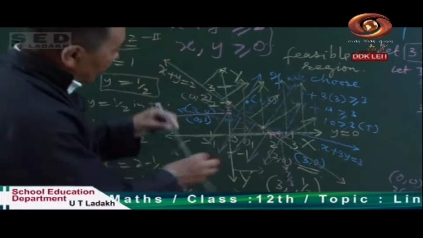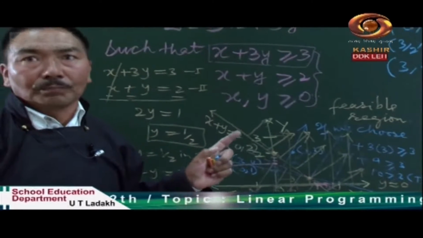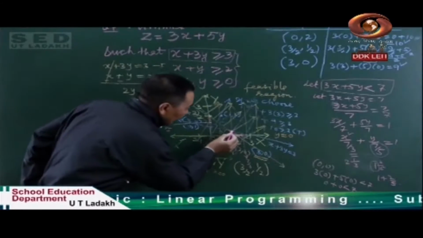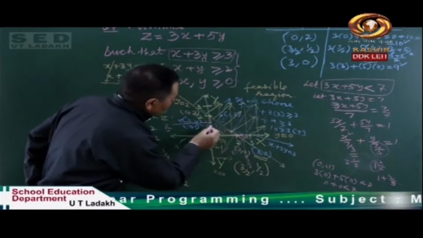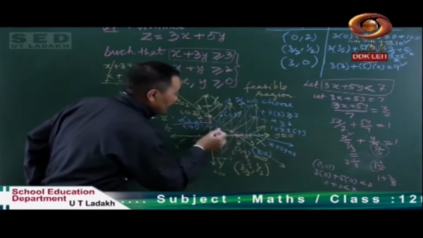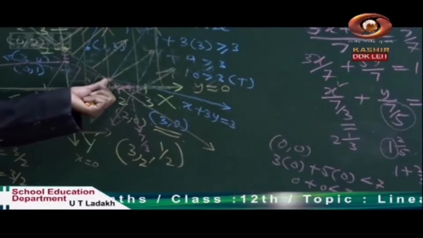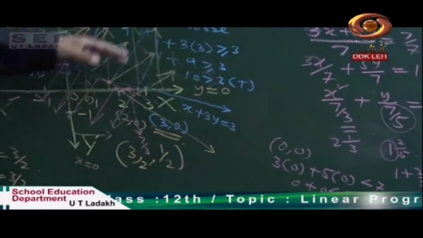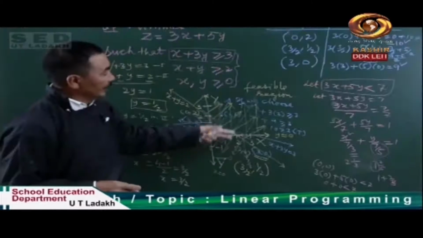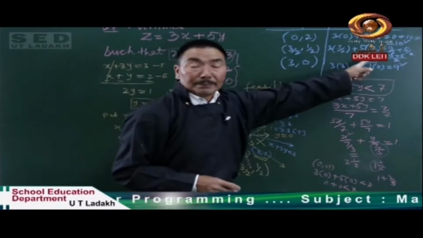So this shaded region and our feasible region have no connection at all. Now this shaded line passes through the same point where these two lines are intersecting, but a dotted line does not include the point. So these two are disjoint. If there is a common point, then 7 will be the minimum.